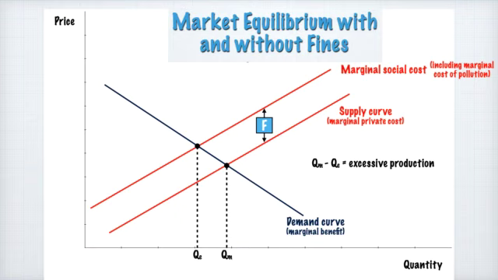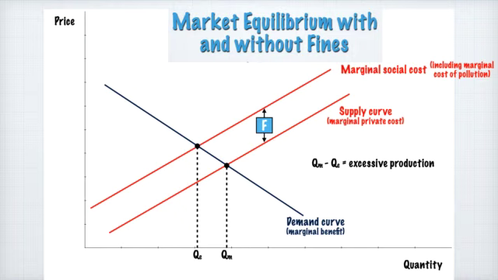How do you come up with that determination? We'll deal with that type of exercise and looking at that argument later on in the course. But now we're just taking a look at theoretically, how would we internalize those costs?